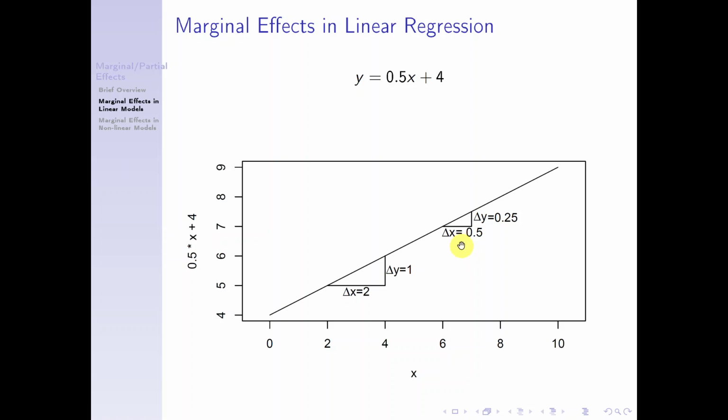If we carry out the computation for the starting point and ending point of y, take a difference to get delta y, then take a ratio of delta y over delta x, it is always going to be equal to, in this case, 0.5. Or always going to be equal to what? The coefficient in front of x. Only in linear models.